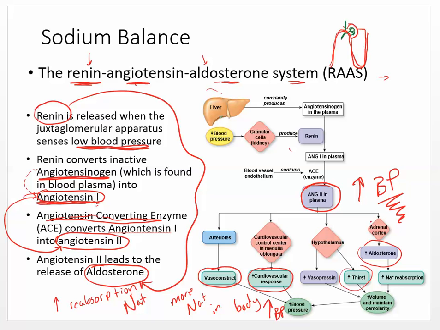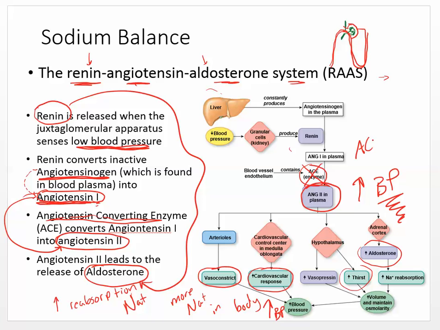And yes, there are drugs that block this. Remember this thing called angiotensin converting enzyme that converts angiotensin 1 into angiotensin 2? We have inhibitors for it.